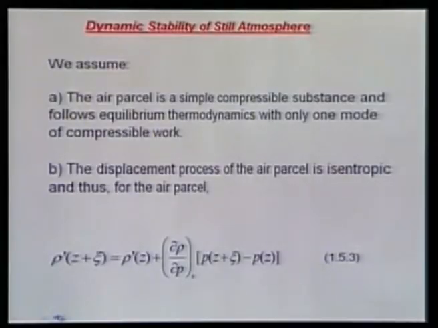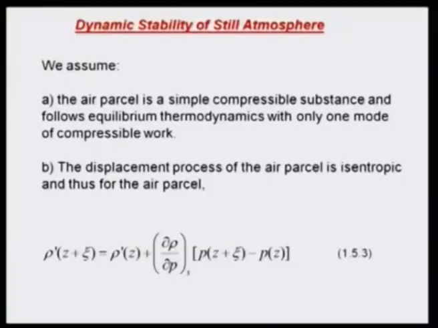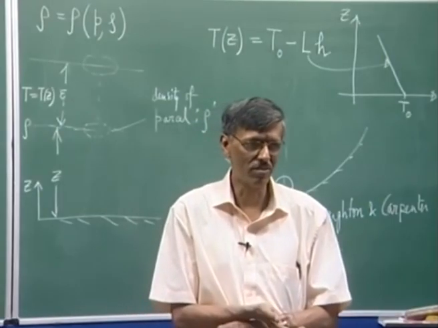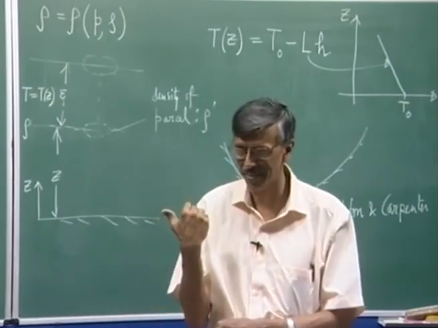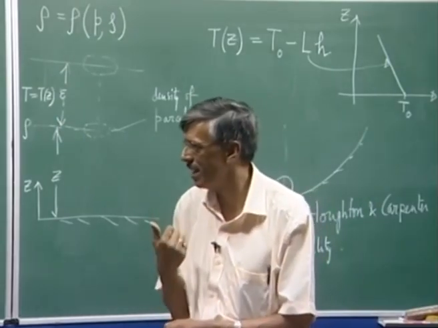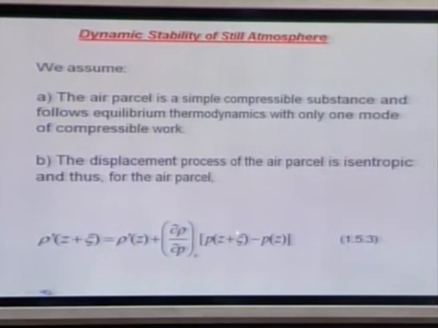Then what happens? I can also similarly write the variation of rho prime with height, but now because it is an isentropic process, I have the second part missing, del rho del s times delta s. So, delta s is 0, so I will not have that, right. So, that is what we have written here. Please make this correction, this is del rho prime del p.